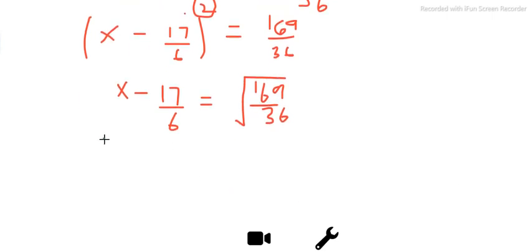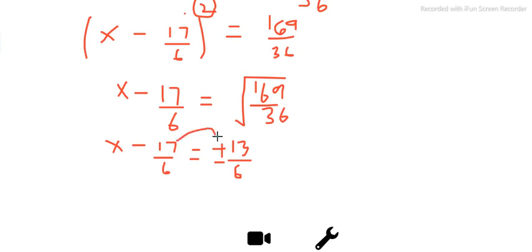Square root of 169 will give us 13, and square root of 36 will give us 6. Don't forget, when you take the square root of a number, you have both the plus and the minus.